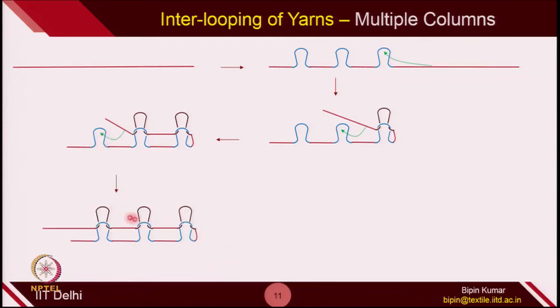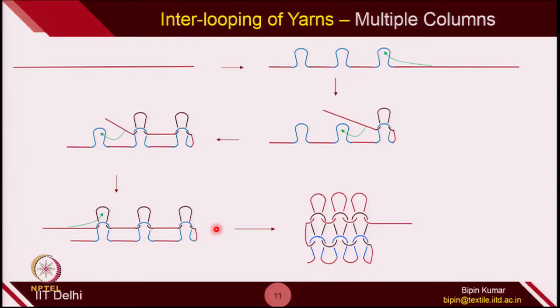In this way we created loops in each column along the course. Ideally speaking, we are adding loops one by one along the row for each column. Similarly, we keep repeating this process and we can keep adding loops for each column.